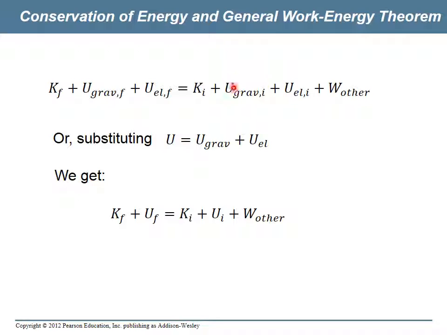All I did there is just put these together. Just say that all of our potential energies plus all of our kinetic energies in the final condition is equal to the initial condition plus some change in them, which is the work. This is really not anything different than the conservation of energy, but this is conservation of mechanical energy, right?